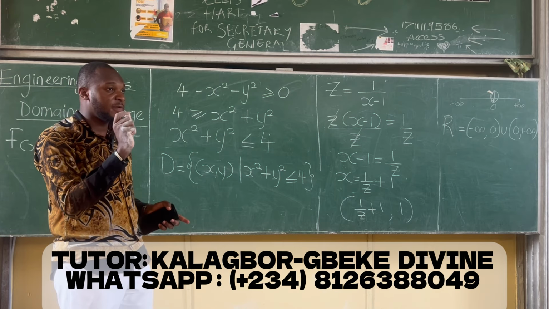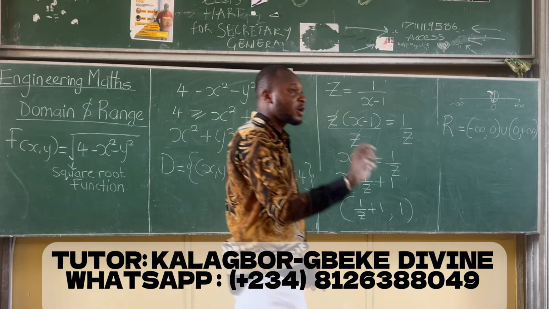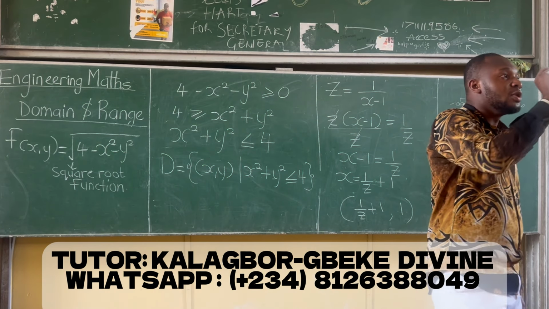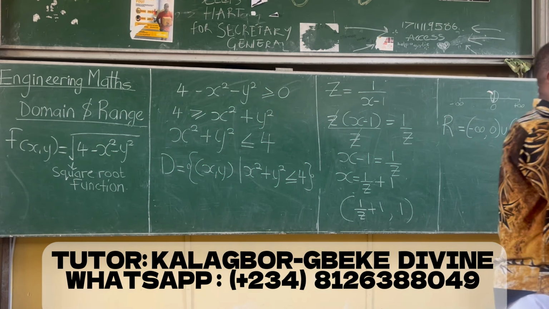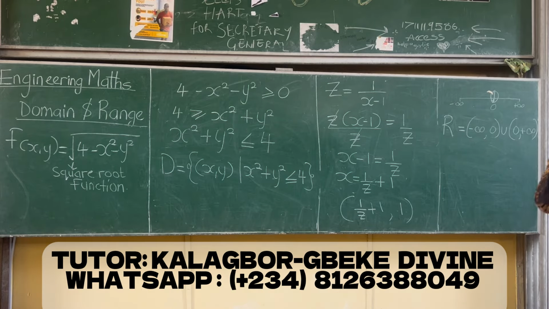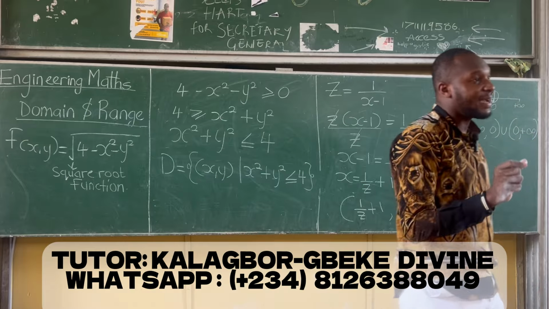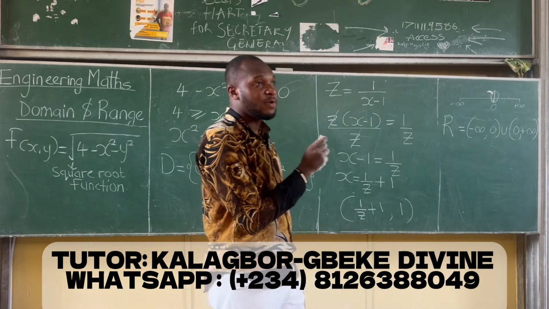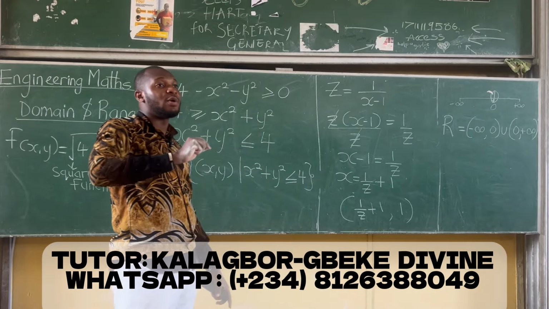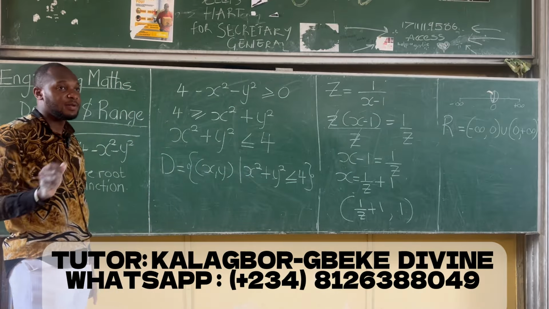Listen very well, don't confuse yourself: for the logarithmic function, the condition is greater than 0. For the rational function, the denominator should not be equal to 0, not greater than. From there, you can get your domain, and once you've gotten the condition for the domain, you know how your range is going to look.